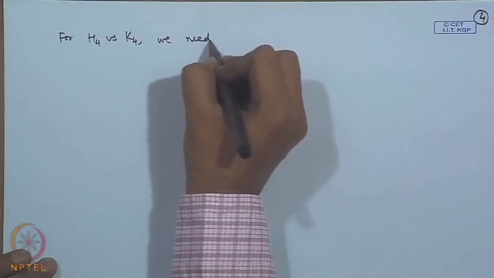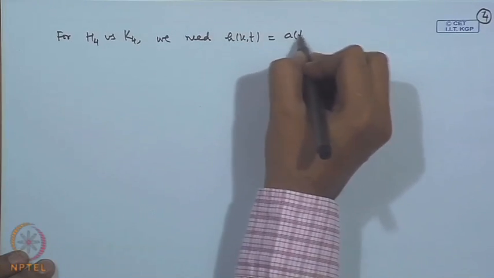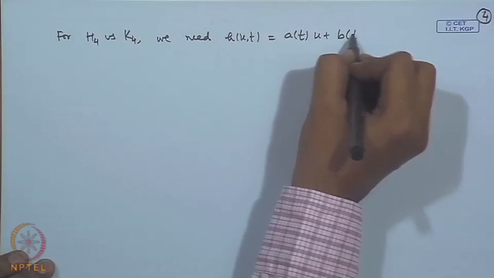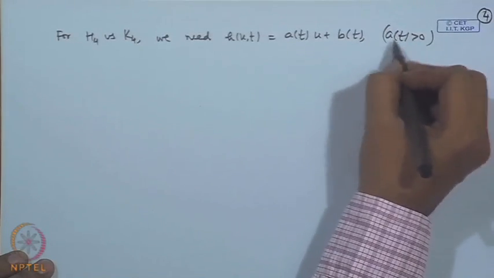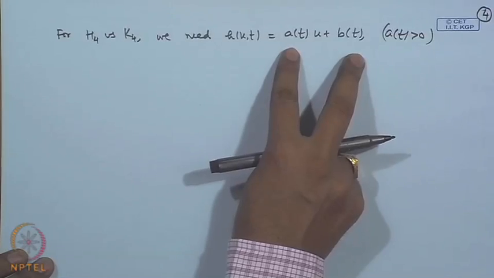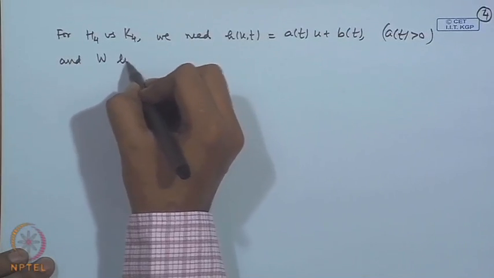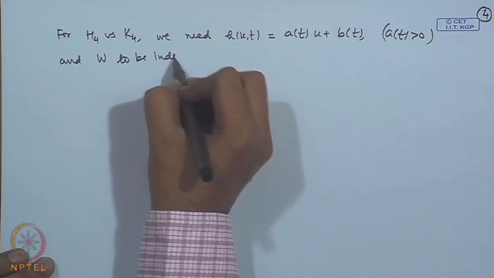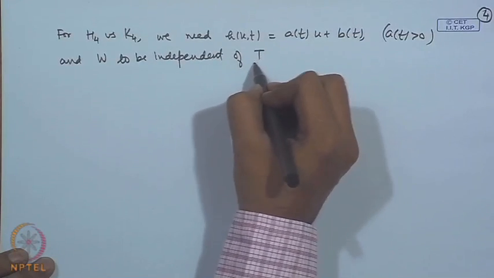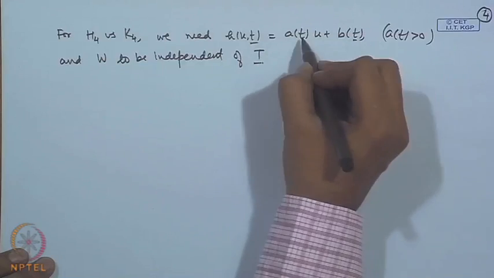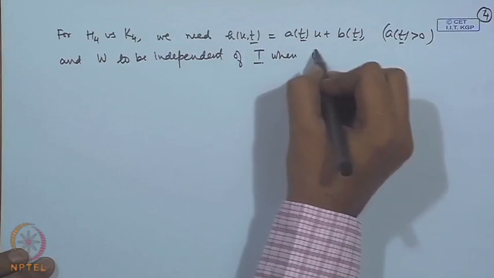We need h u t to be a linear function of u. Of course, again I am taking a 2 to be positive. If it is negative, then the region will get reversed, and w to be independent of t when theta is equal to theta naught.